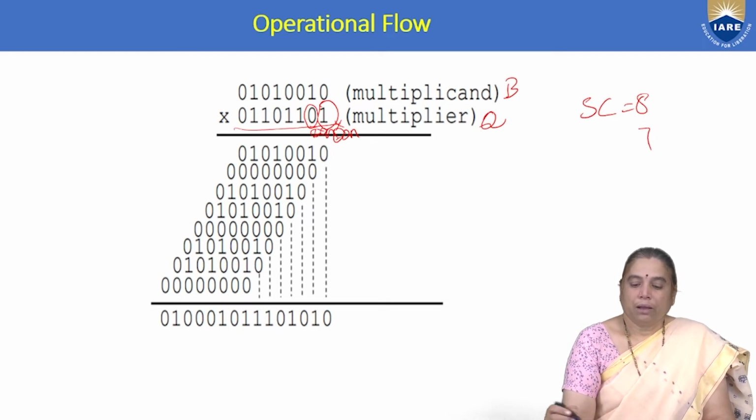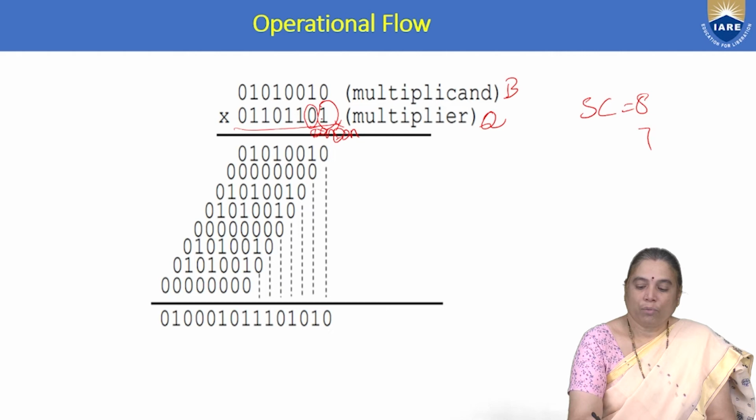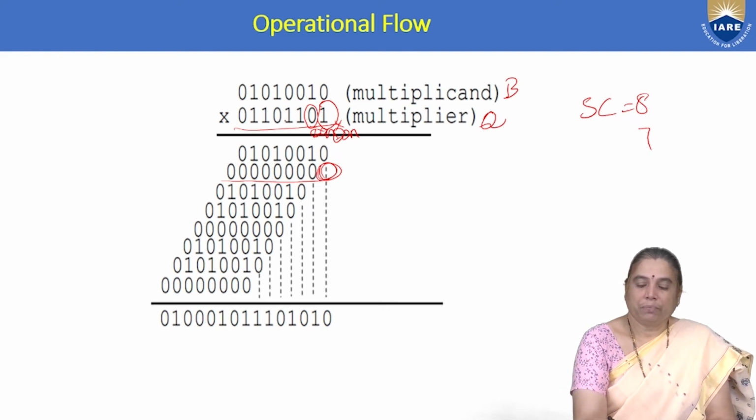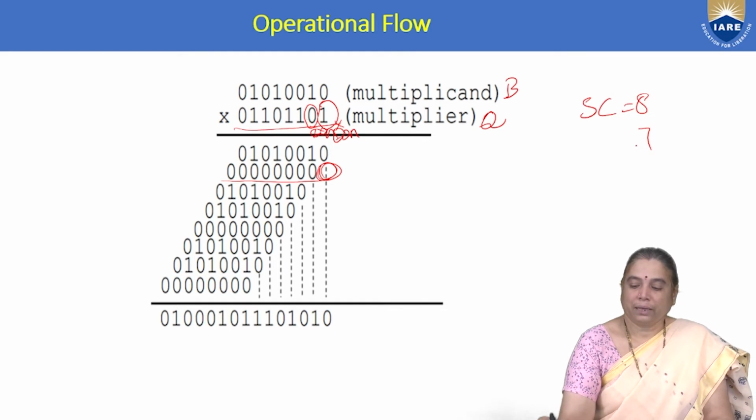So here the Qn value is compared, either it is 0 or 1. If it is 0, as many zeros as there are bits in the multiplicand can be written here by shifting one position. Here the shift operation can be applied. Like this, each and every bit has to be considered by decrementing the sequence counter until the sequence counter is 0.